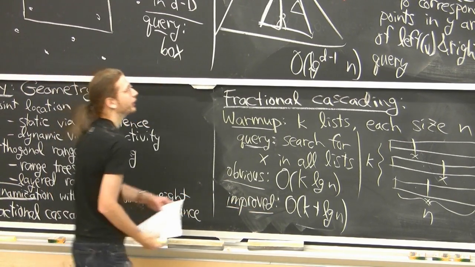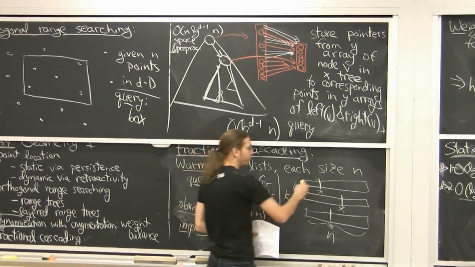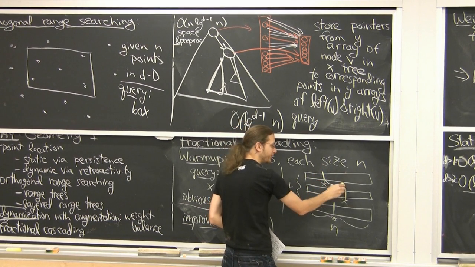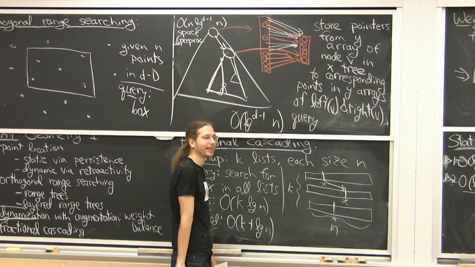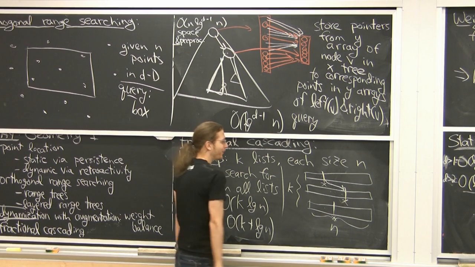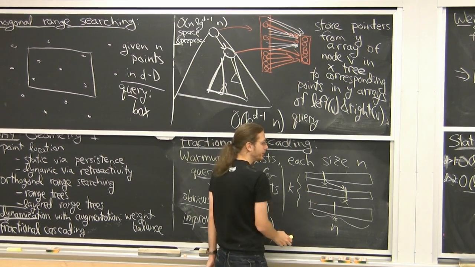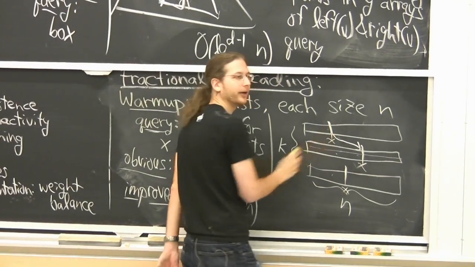We want to use this concept. If I could search for x in here, and then follow a pointer to where I want to go in here, I'd be done. Sadly, that can't be done. Why? Because who knows what elements are in here? All of these elements could fit right in this slot.